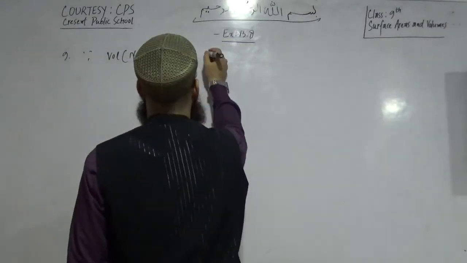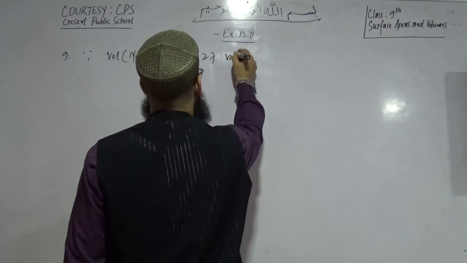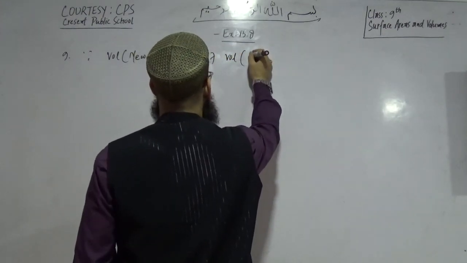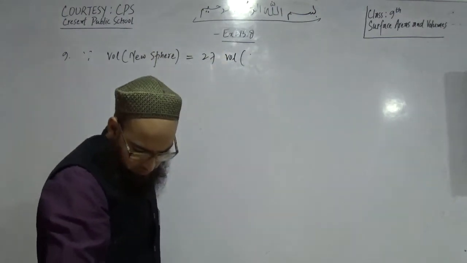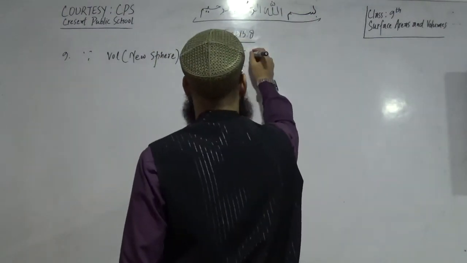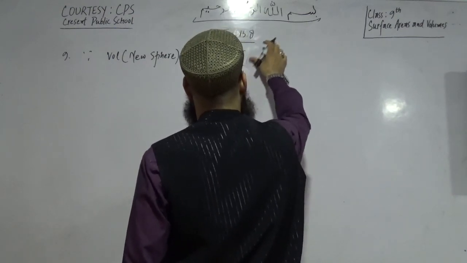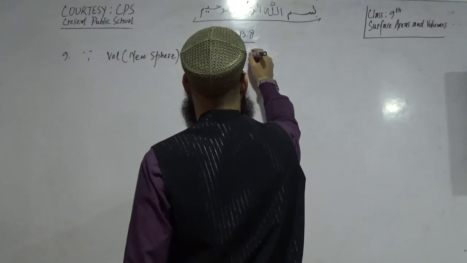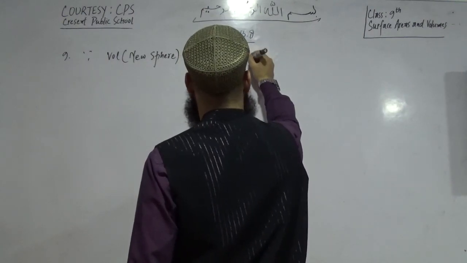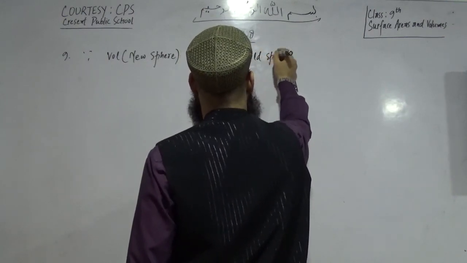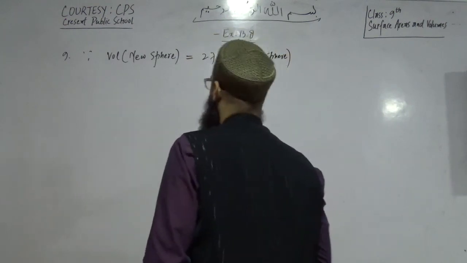So the volume of the new sphere is equal to 27 times the volume of the old sphere.